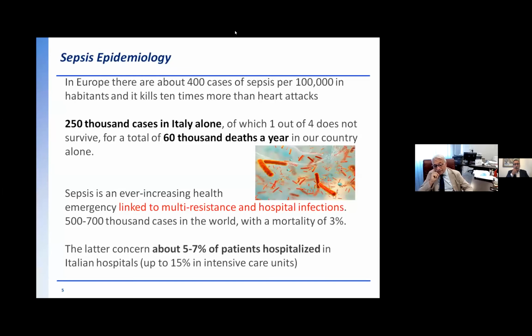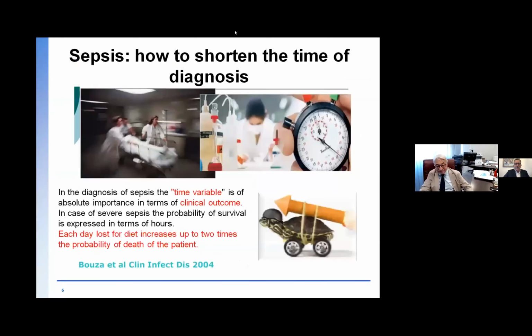And it affects 7 hospital patients in Italy, and that can even get up to 15% when it comes to intensive care units.